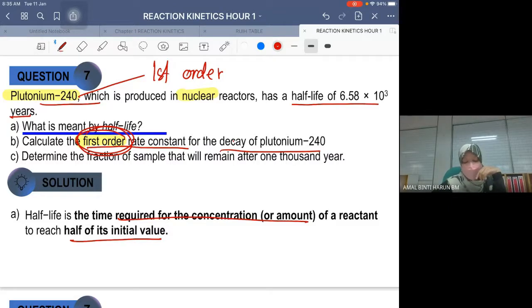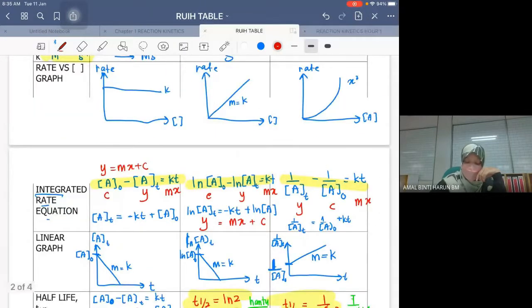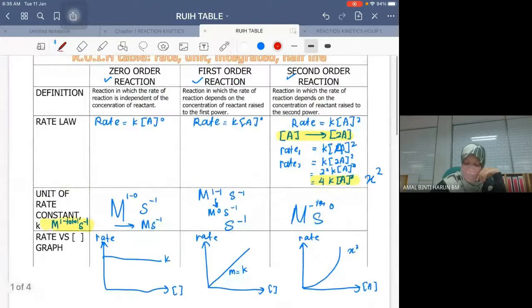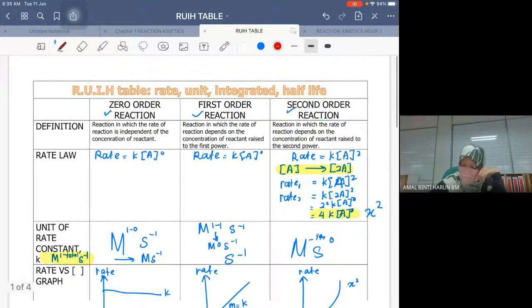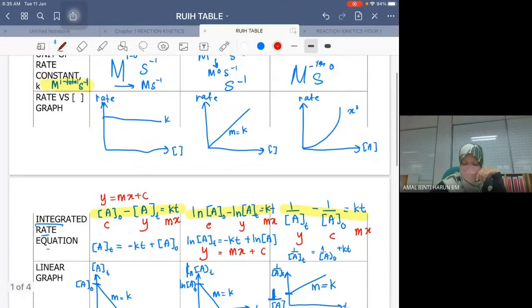So apa yang menghubungkan antara half-life dan juga rate constant? Nak pakai integrated ke? Tengoklah dekat half-life ni, formula apa nak pakai. Nak cari rate constant. Guna rate law boleh ke? Tak ada concentration. Tak tahu. Guna unit. Itu untuk tentukan order. Tak tahu.